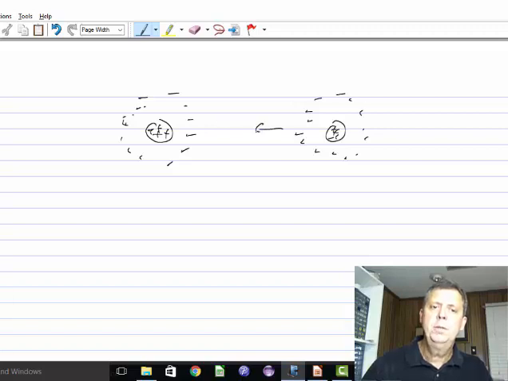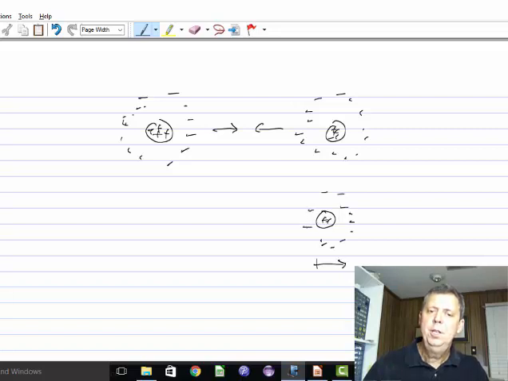As these guys come near each other, the electrons first encounter the other electrons, or their electric fields are interfering with each other first, and so you can actually get temporary shifts in the dipoles. You might get this atom having its electrons shifted more over to the right side, only a couple over here. So you get a temporary dipole induced in this atom, so it has a slight positive charge on the left side, slight negative charge on the right.